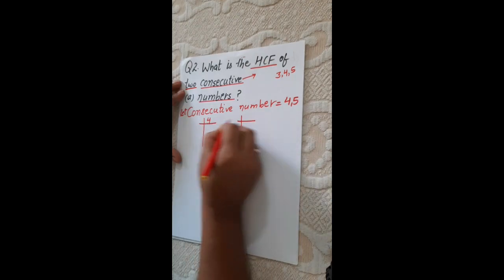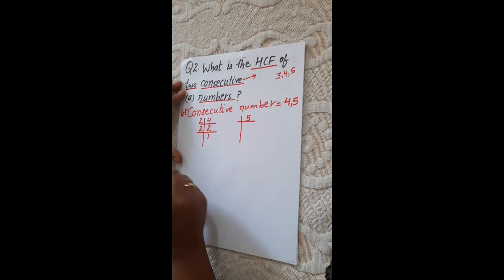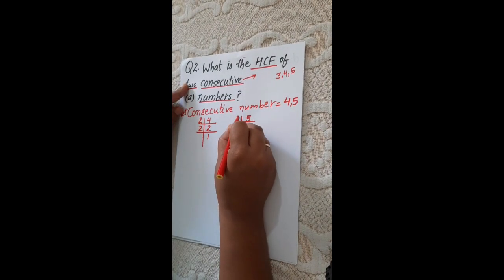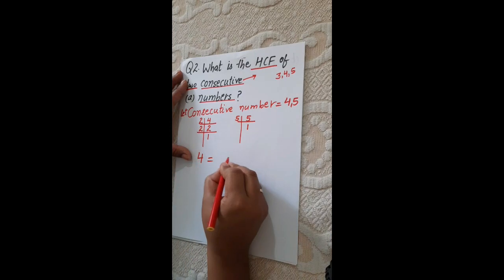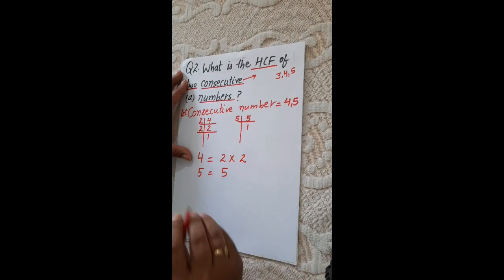To solve the prime factorization of 4, we will start from 2. 2 2s are 4. Then this is again 2. 2 1s are 2. So here we have 5. 5 is divisible by 5 only, and 1. So the prime factorization of 4 is 2 into 2, and the prime factorization of 5 is 5 itself.